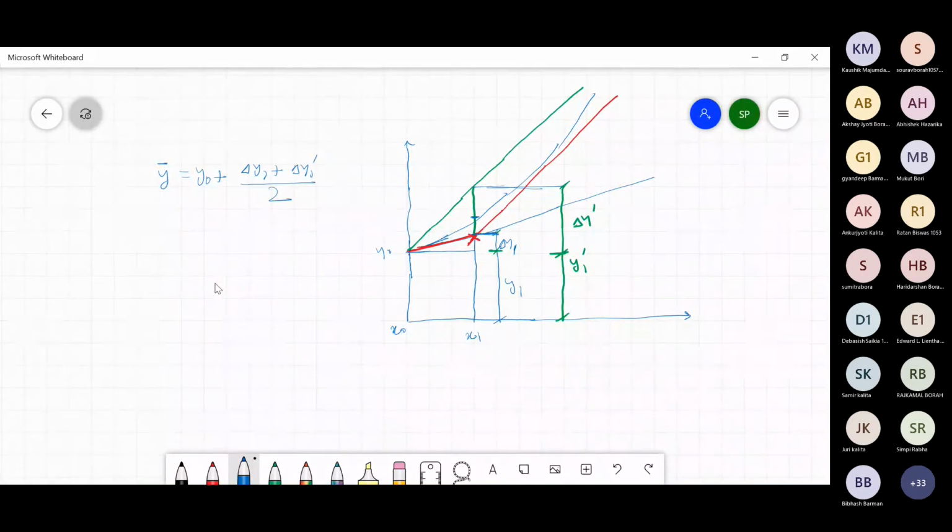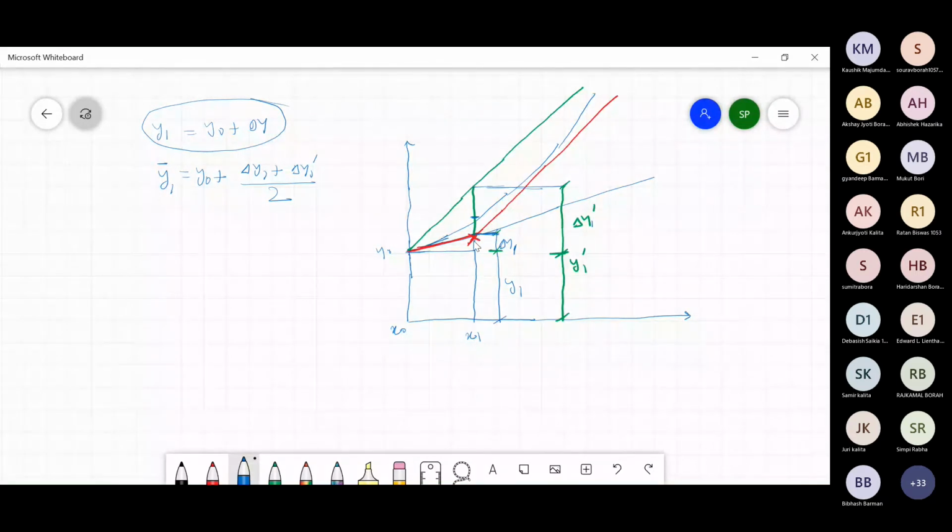So previously, in the last method, what we had done is y1 is equal to y0 plus delta y, isn't it? This is your original equation. So this equation has been modified, so that now we are taking the average of two delta y's. Delta y is formed because of the tangent drawn at the origin, and delta y1 dash is because of the tangent drawn at the origin parallel to the tangent at y1.